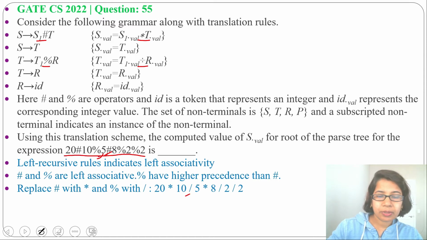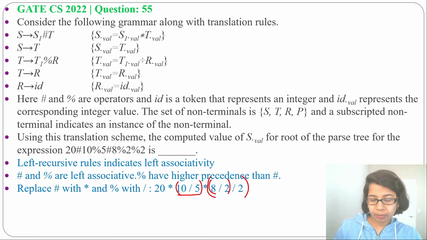In place of hash, we write multiplication 8, division 2, division 2. Here multiplication and division both are left associative and division has higher precedence than multiplication. So you can add brackets: we need to first solve this 10 division 5. Next we can solve 8 division 2. Next you can solve that result divided by 2. Next we can do the multiplication.